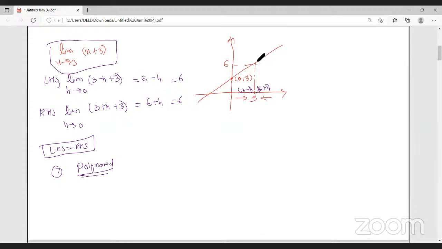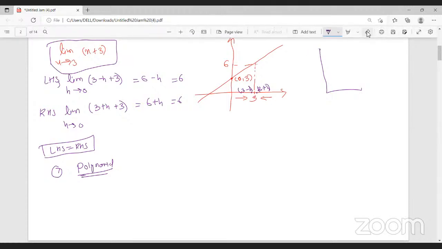If a limit exists, then it is continuous and it can be differentiable. And the concept of differentiation is applicable in everything, in mechanical engineering and every engineering aspect. So that we'll discuss in the next week. As of now, only the definition is there in this week. So this is about the limit.